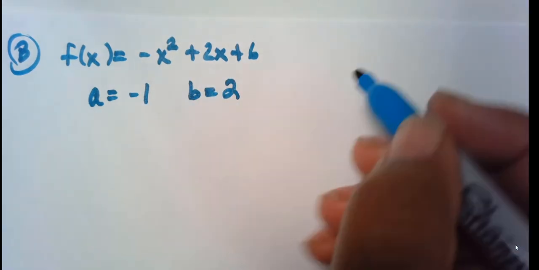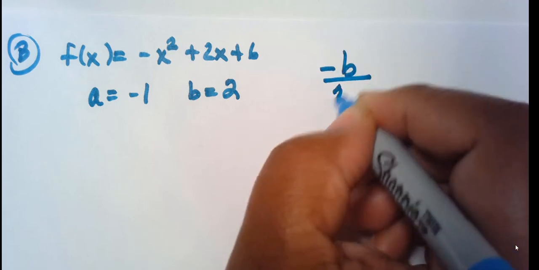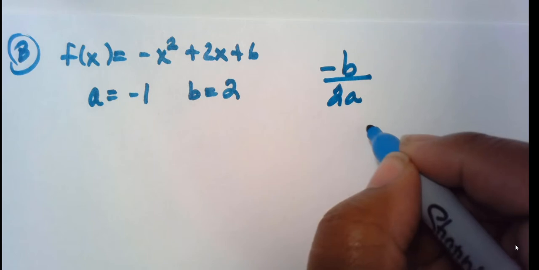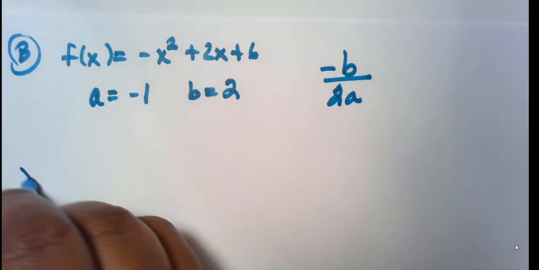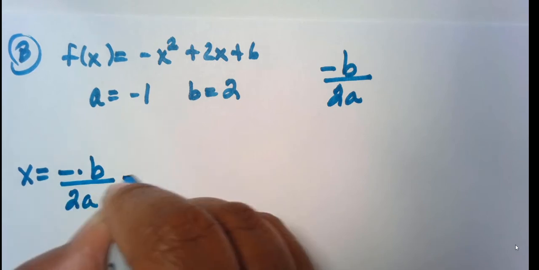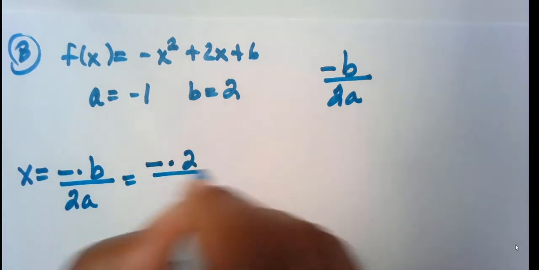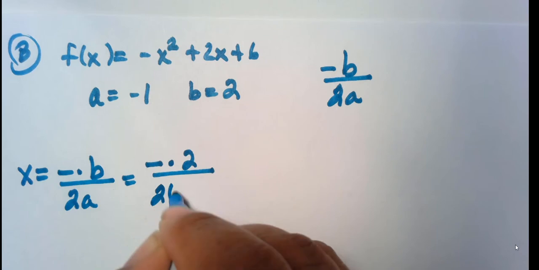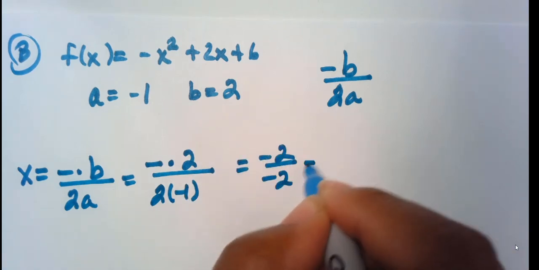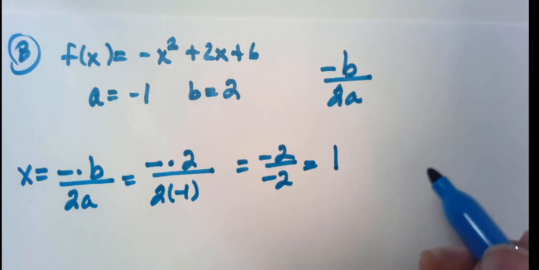We're going to use the formula negative b over 2a to find the x coordinate. So x is equal to negative 2 over 2 times negative 1. We have negative 2 divided by negative 2, that gives us 1.